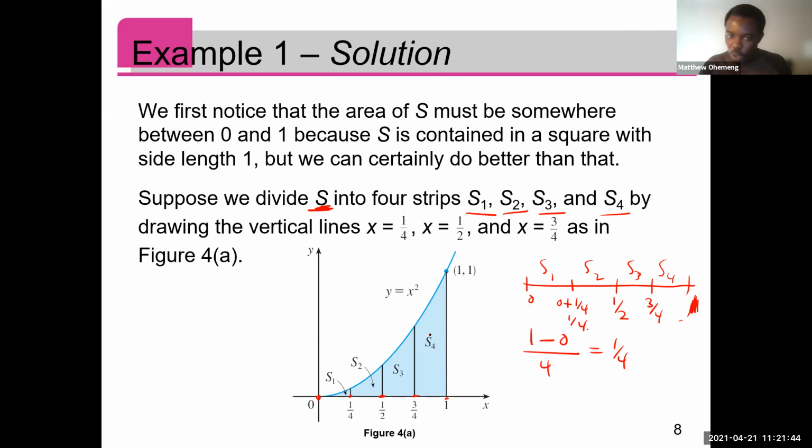Now, with these 4 areas that you see here, we know that their sum will give us the total area under the curve, which is the S that we are looking for. But we are going to use rectangles, and none of these shapes look like a rectangle.